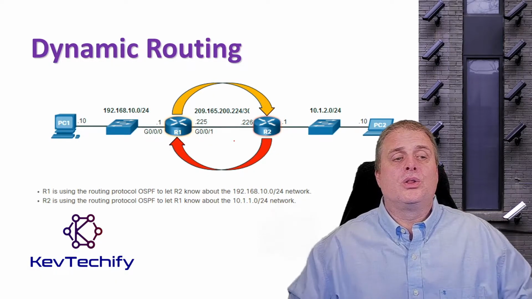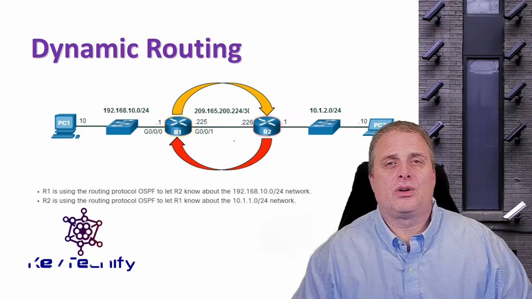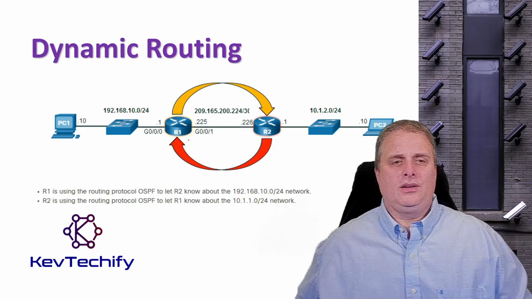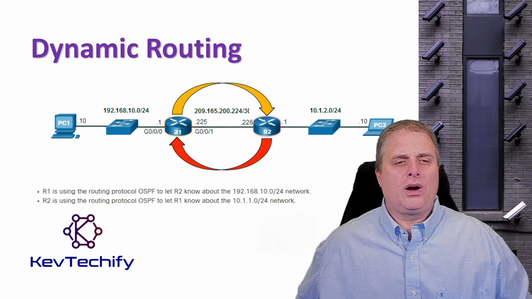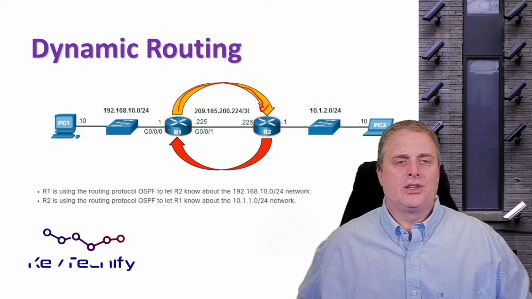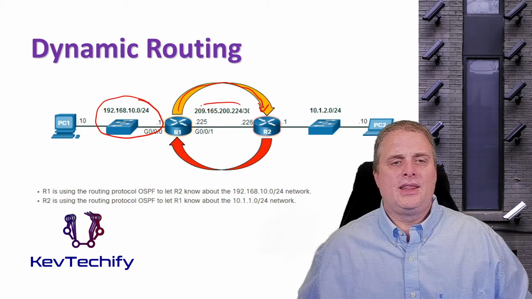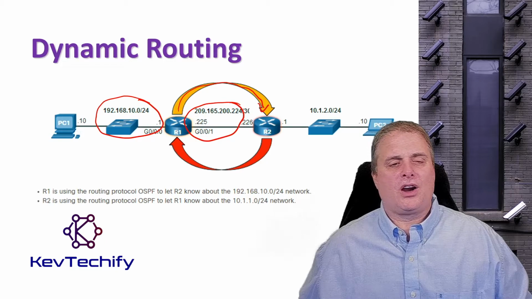Dynamic routing learns about this through a communication process between the routers on your network. In this simple little example, R1 is going to let R2 know about the networks that are directly connected. So R1 is going to say, okay, this network is directly connected to me. This network is directly connected to me. It sends that information over to R2.